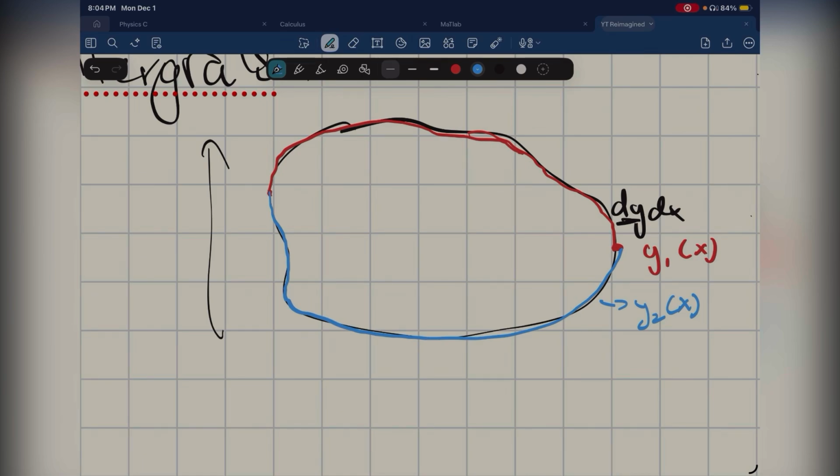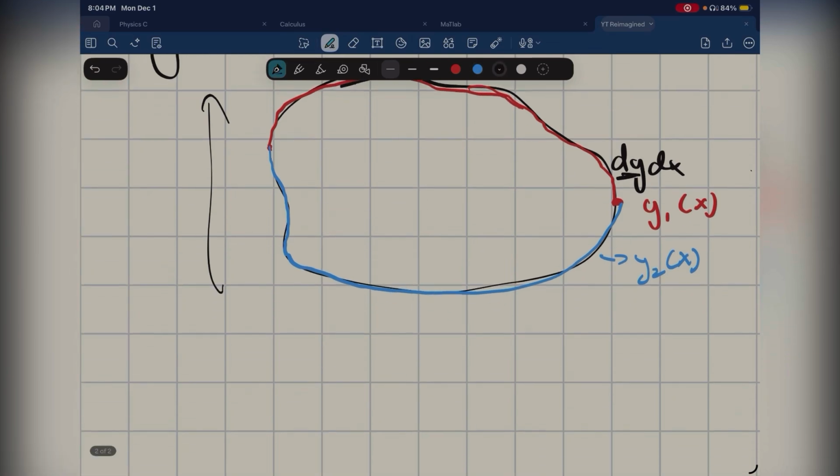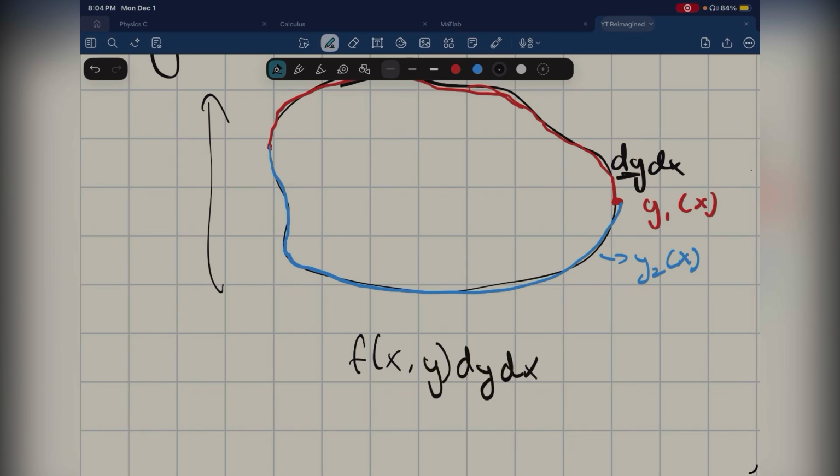You're going to find those functions, and those are going to be your bounds. So let's say we have our integral f of x, y, dy dx. Our first bounds are going to literally be y1(x) and y2(x). The bottom bound is going to be the function that encloses the bottom half of the blob, and the top bound is going to be the function that encloses the top half.